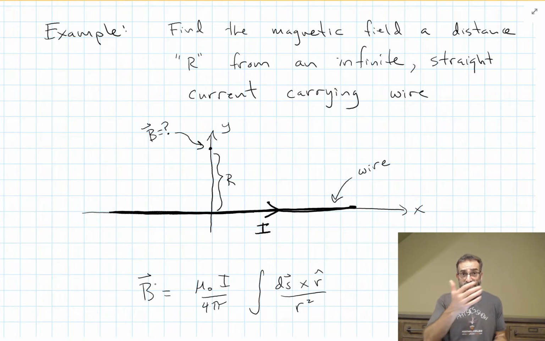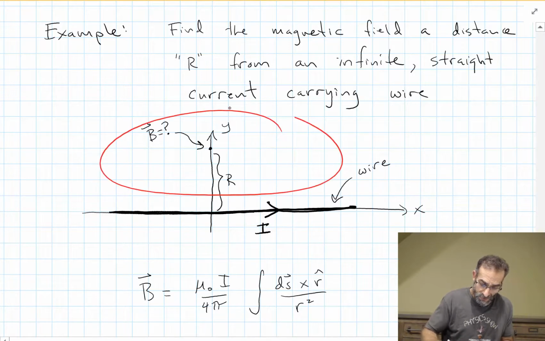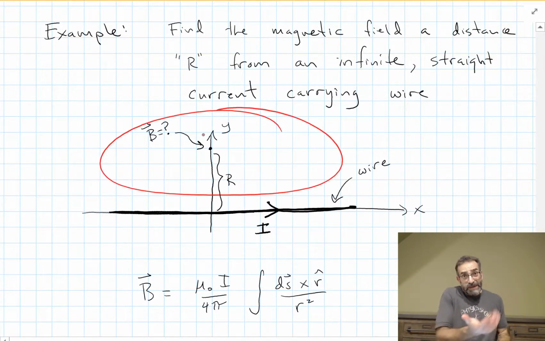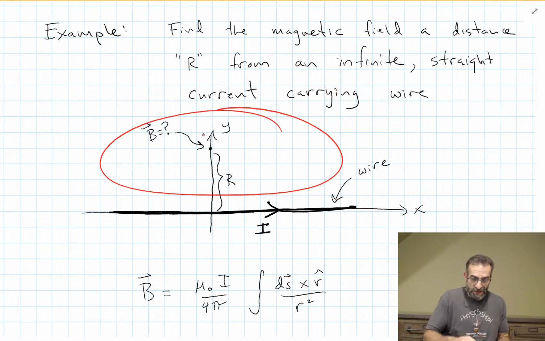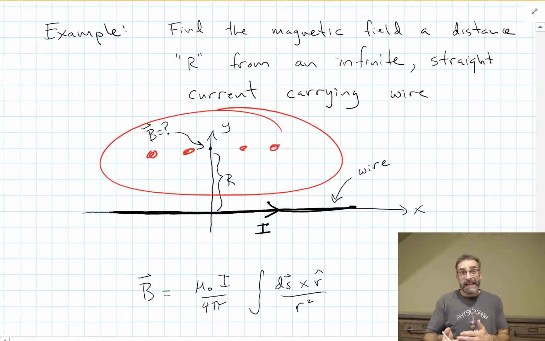So I put my thumb in the direction of the current, and it tells me that any place above the wire, any place up here, my fingers are going to roll and point up out of the page. So the magnetic field, due to this wire, has to point out of the page, anywhere above the wire in the plane of the page.